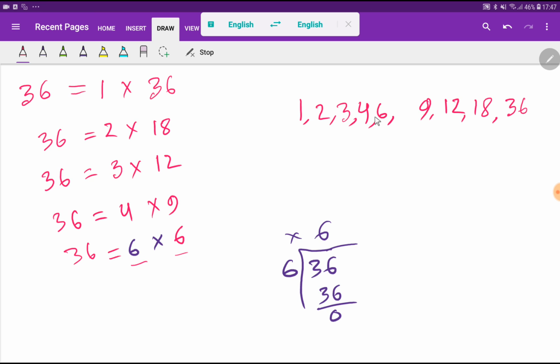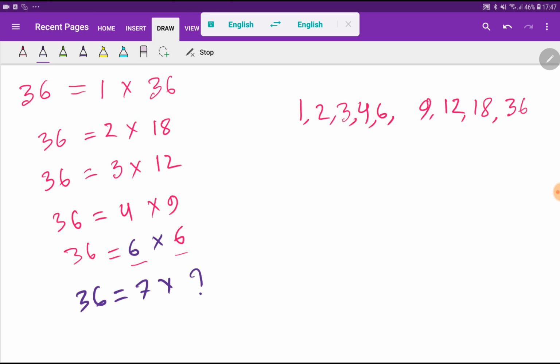So now I will check for 7. 36, 7 times what? If you divide 36 by 7, then what will happen? 36 is not divisible by 7 without remainder.